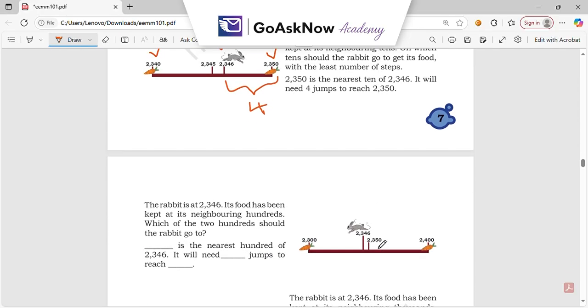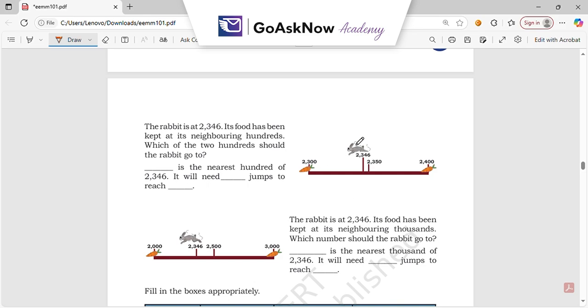Now the rabbit is at 2,346 steps. The rabbit's food is kept at 2,300 steps. The other one is at 2,400 steps. Now let us subtract to find which is nearest. 2,346 minus 2,300 is 46 steps.